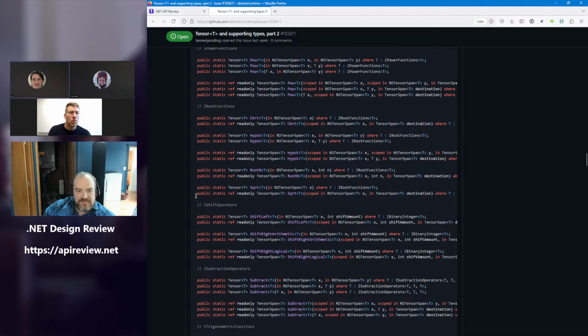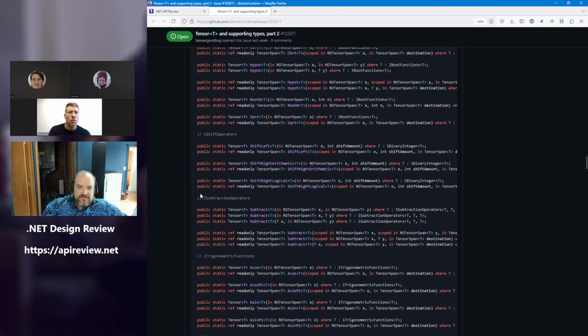So RootN is a case where we require the n to be consistent for all tensors you're operating on.